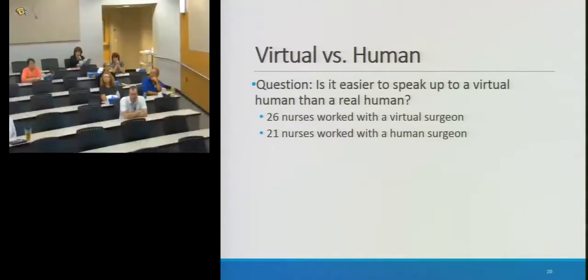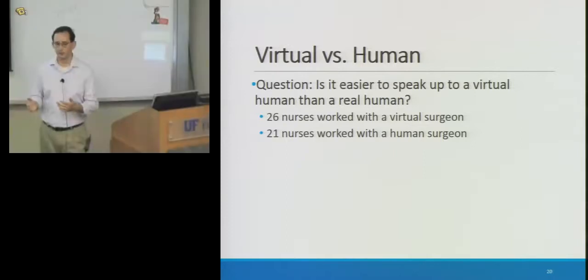So there's a lot of research. We call this agency, when we're talking about whether something is controlled by a virtual agent, a computer, or an actual person. And there is research that shows that perceived agency, whether or not you think it's a computer or a human, can change the way you respond. If we're interested in virtual agents, the long-term goal is to get rid of the wizard and have it all automated.